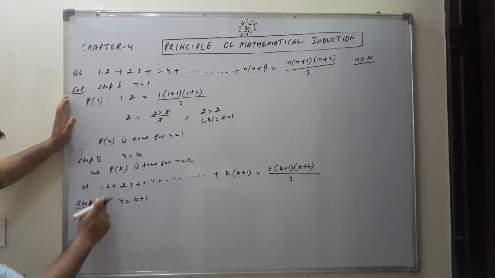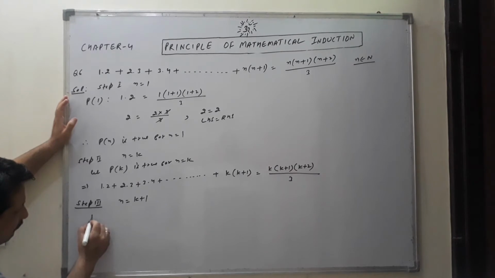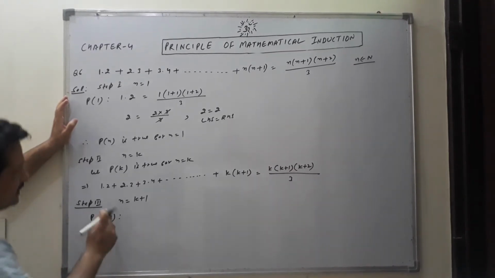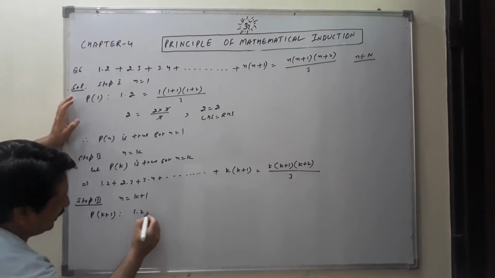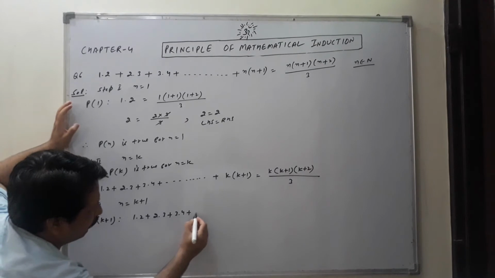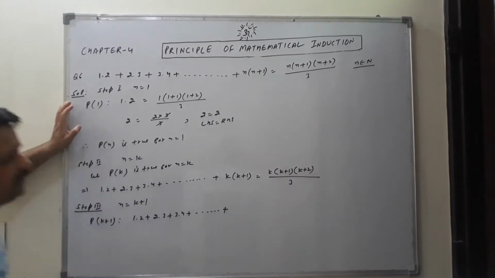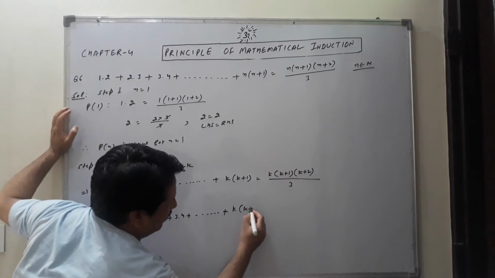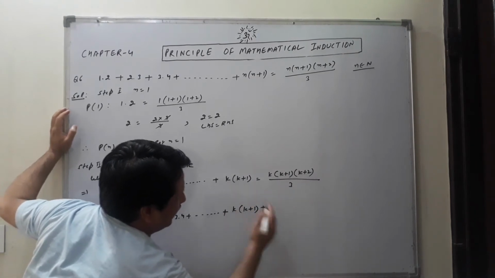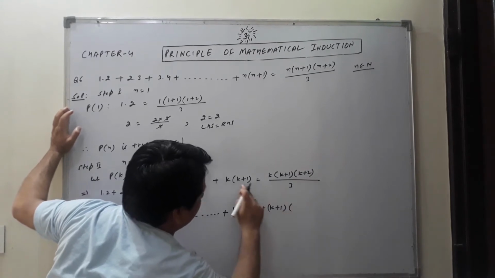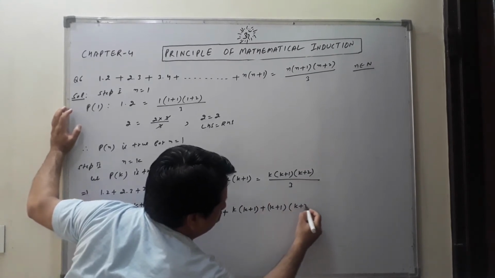For that, students, we will write P of k plus 1 such that 1 into 2, 2 into 3, 3 into 4 and so on plus, as it is k into k plus 1, but now we will make k as k plus 1, and it will come as k plus 2.